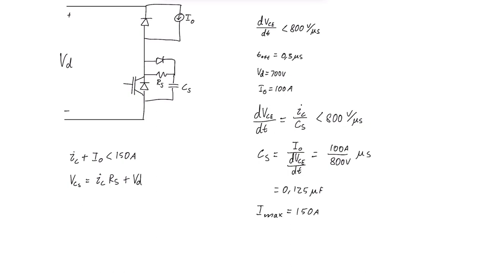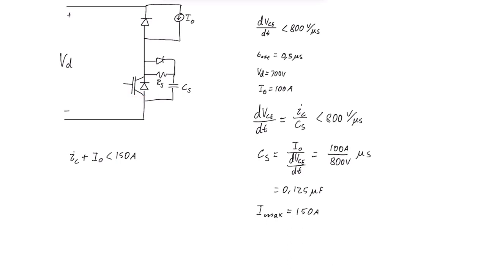So that means that the VC would be equal to VD, right? So when the IGBT turns on, the voltage over here would be 0.